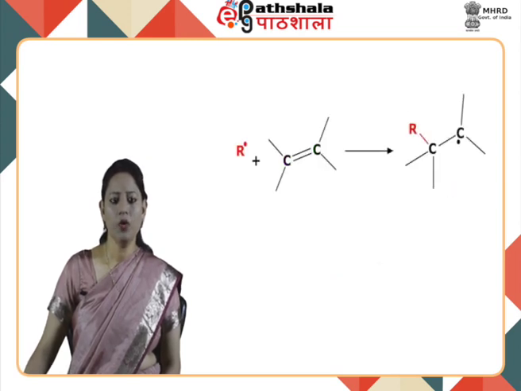Addition to multiple bonds also involves free radical formation. For example, the addition of HBr to alkenes. The anti-Markovnikov addition of HBr to alkenes was probably the first free radical addition reaction to be discovered.